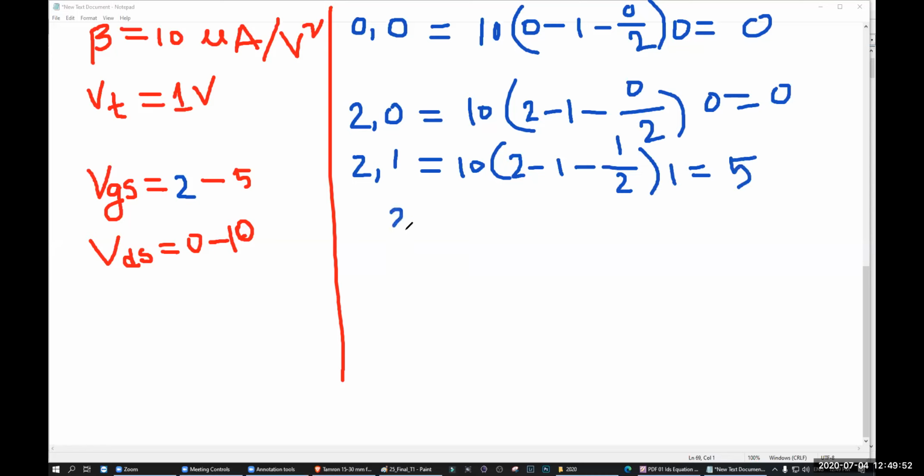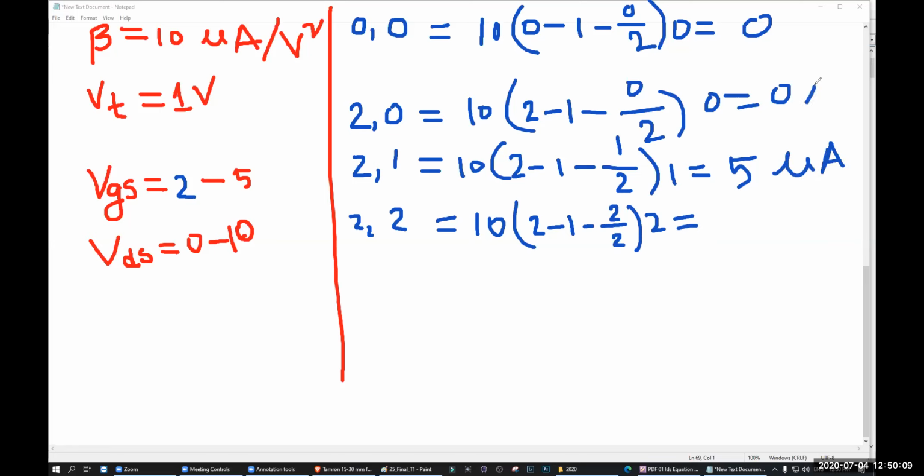Now I'm going to use 2: again 2 minus 1, minus 2 by 2, into 2. Now if I apply 2, what is your answer?